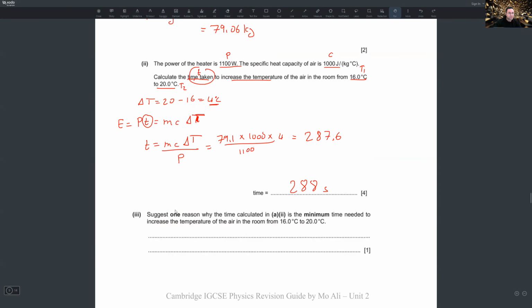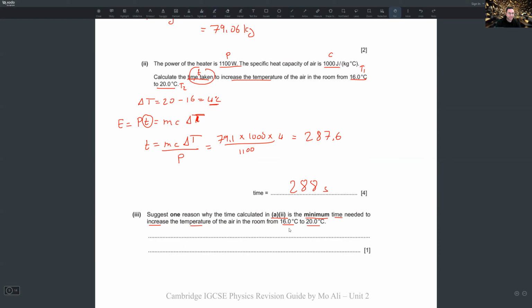Okay. Suggest one reason why the time calculated in part ii is the minimum time needed to increase the temperature of the air from 16 to 20. No, look, I don't understand. So I need to think about this logically. Because I'll tell you something.